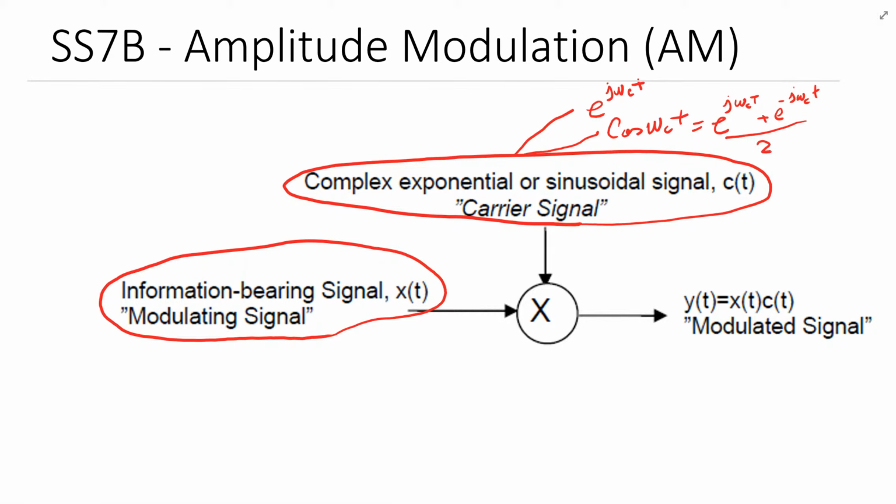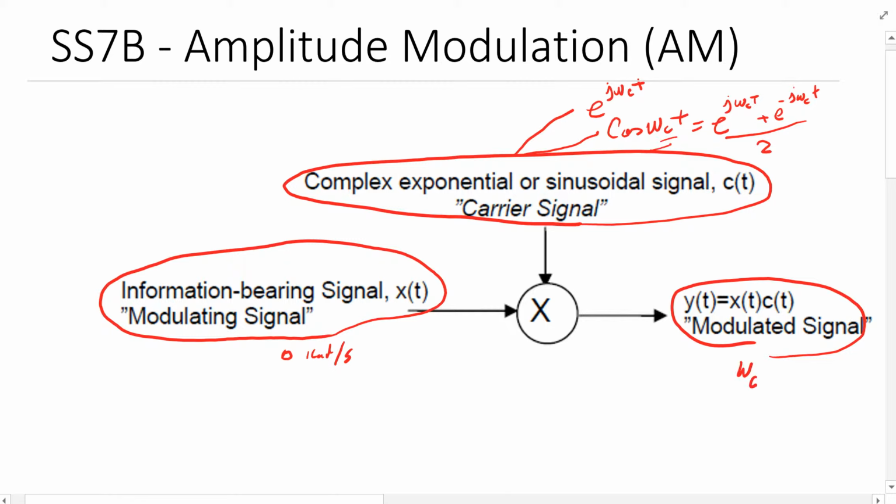The output is just a multiplication of the two functions. So if this frequency centers at 0 radians per second, this would be centered at omega c radians per second, omega c being the carrier frequency we have chosen.